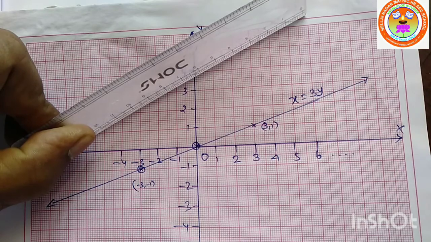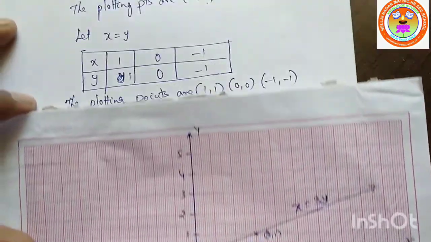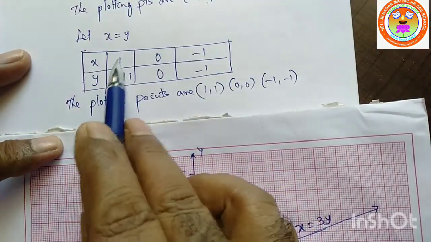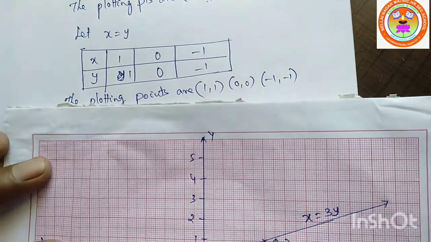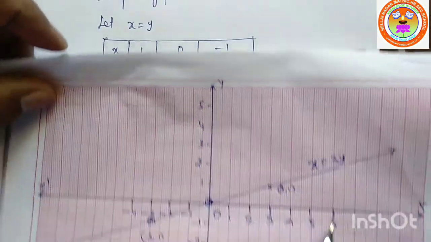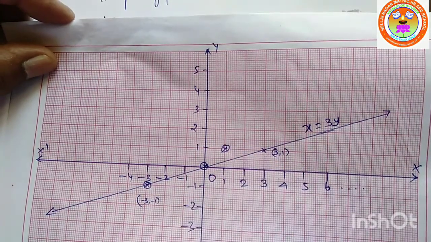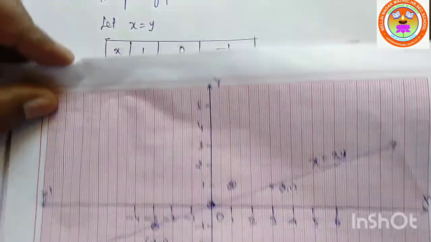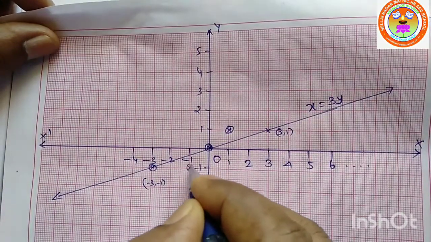But wait for the second line. After drawing the 2 lines, we can shade. What about the second line? The second line is x is equal to y. The first point is (1, 1). Where is (1, 1)? This point represents (1, 1). Next is (0, 0), and the third point is (minus 1, minus 1).